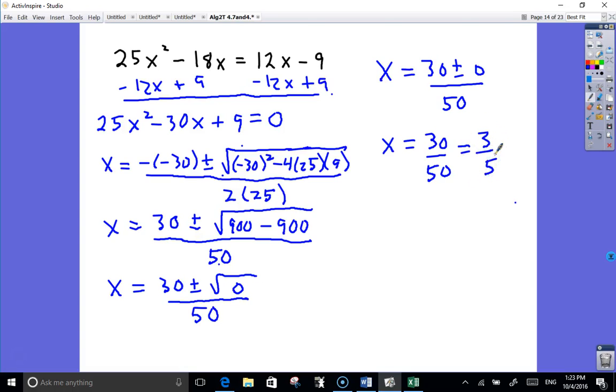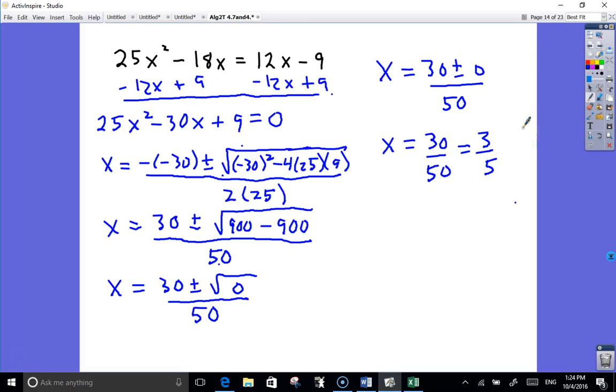So what kind of quadratic equation did we solve that only had one answer? Perfect square trinomial? So in fact, if you go back up to this 25x squared minus 30x plus 9, that was a perfect square trinomial. It could have been factored, but that's what it looks like in the quadratic formula. When you get an answer from the quadratic formula which is just a fraction or a rational number, that means it could have been factored.